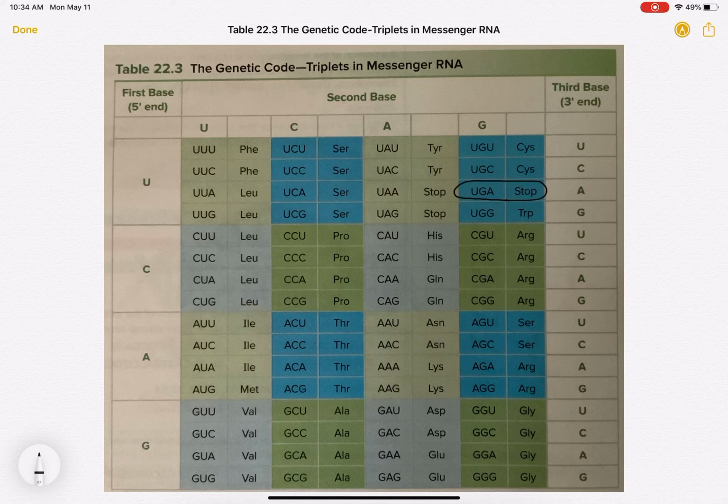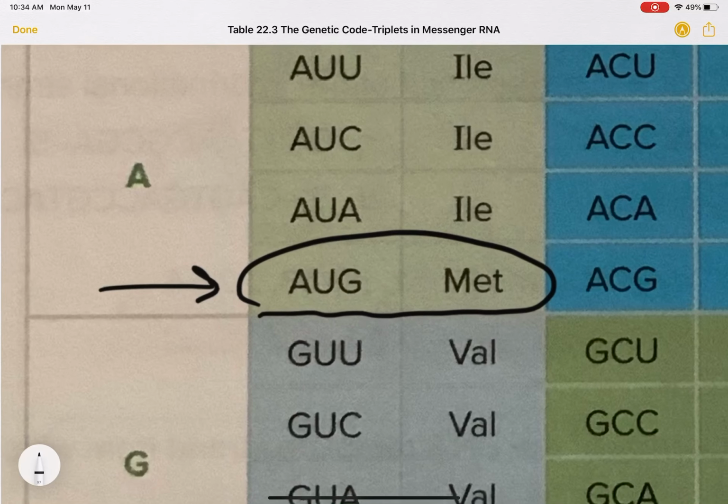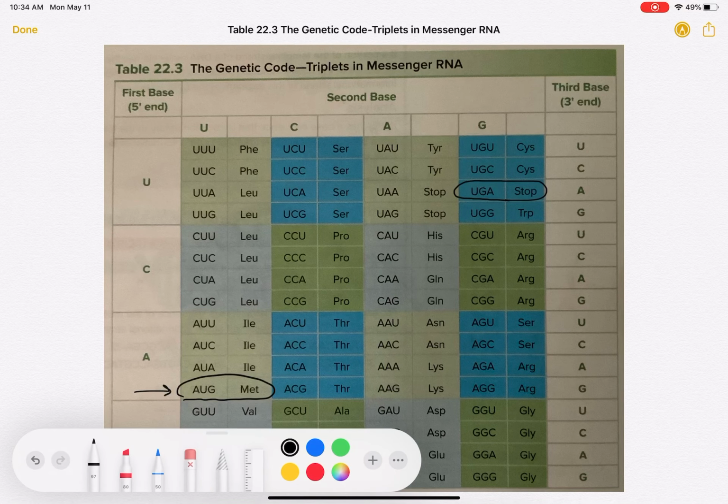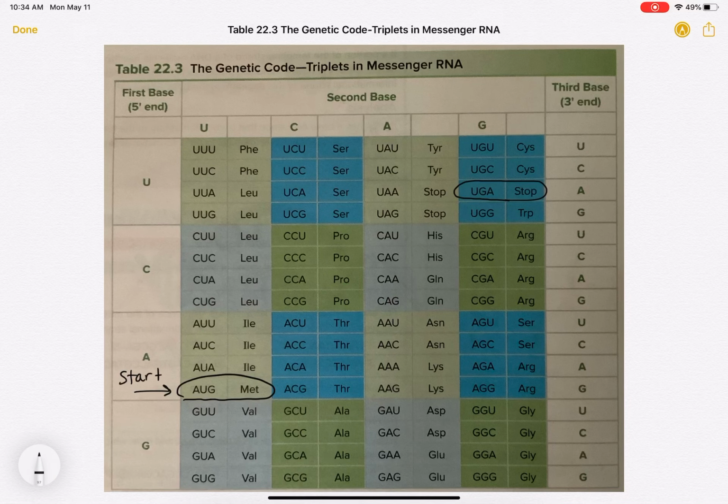And some codons code for the start process, which is not indicated as start on this particular table. It's right here. So this is our start. So if you're looking at a different table of amino acids, it's going to be laid out exactly the same, but this particular one might say start instead of MET.